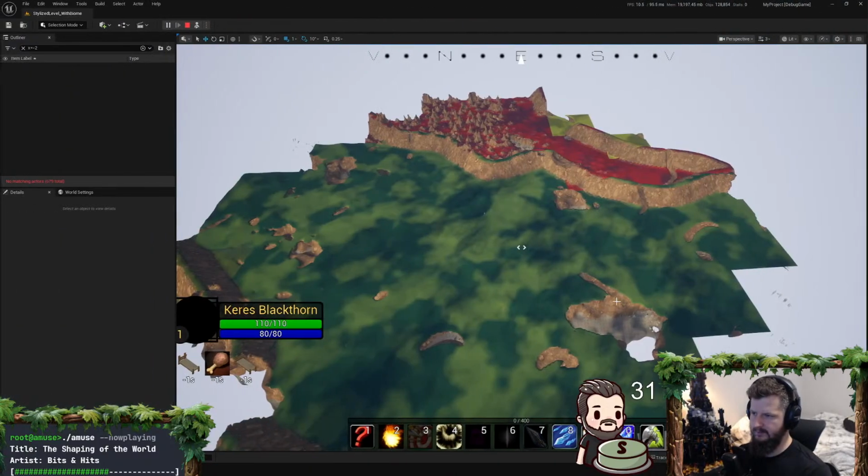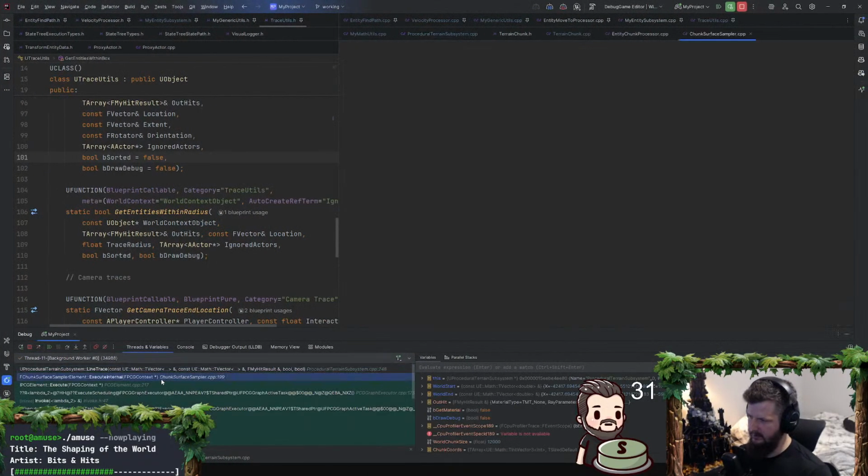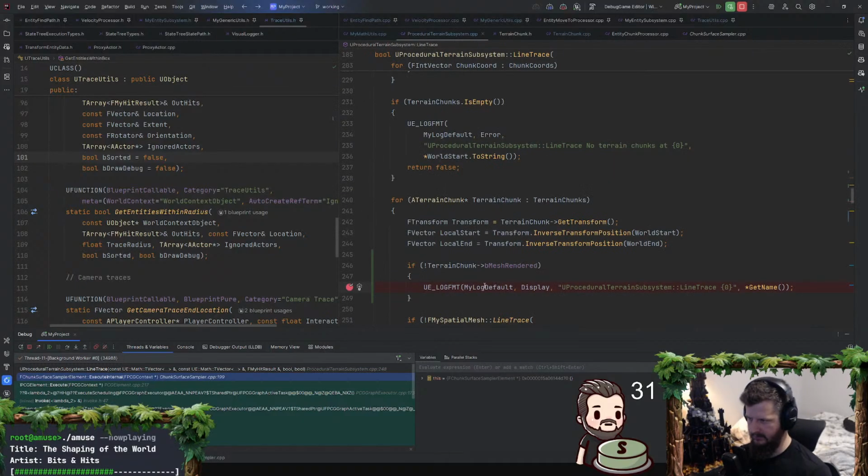Put that breakpoint there. Wait, are we hitting here all the time? Oh, the chunk surface sampler. Okay. Okay, it's not gonna work. This is gonna get hit like a bunch.